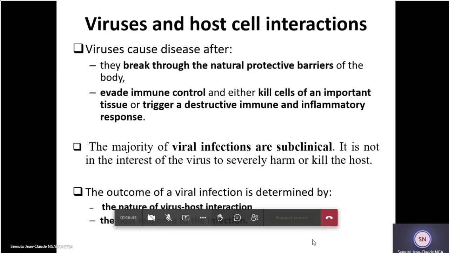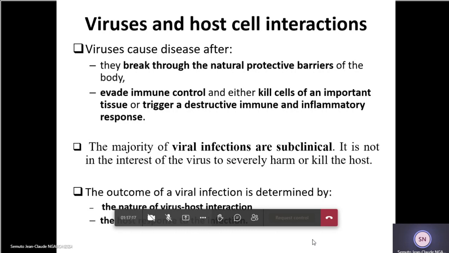Viruses cause disease after, first of all, breaking through the natural protective barrier. So they have to get in. They have to cross this natural protection. The skin, the mucous membrane, all of those are barriers. They have to evade immune control. They have to be able to escape, kill a cell of an important tissue, or trigger a destructive immune and inflammatory response.